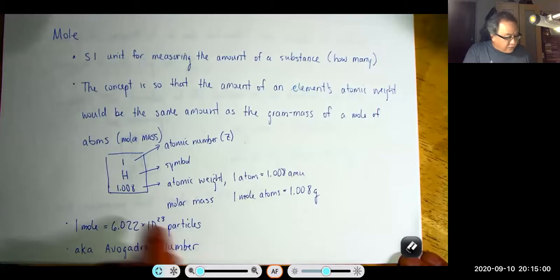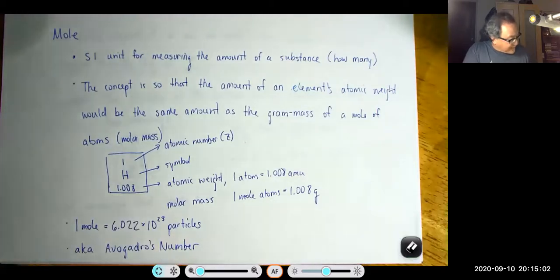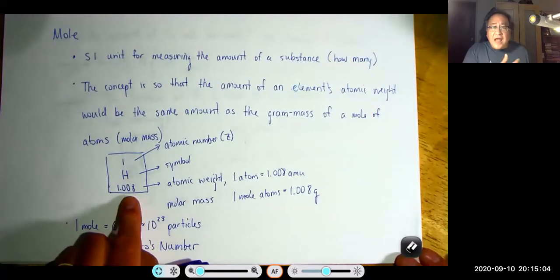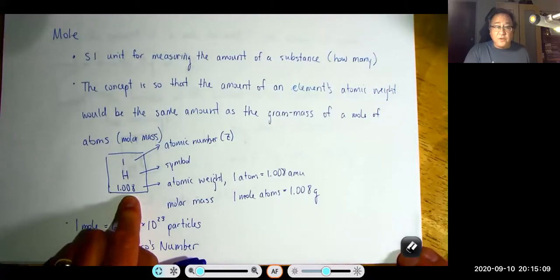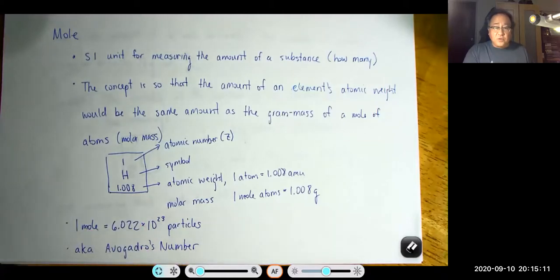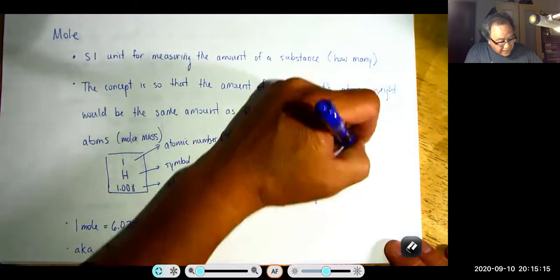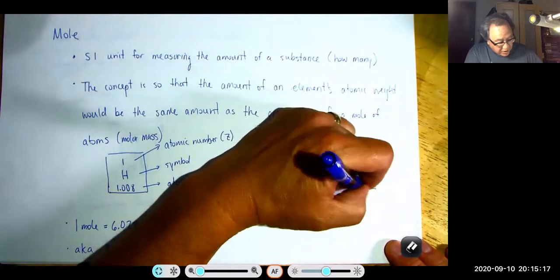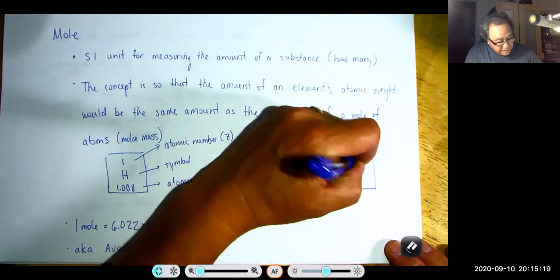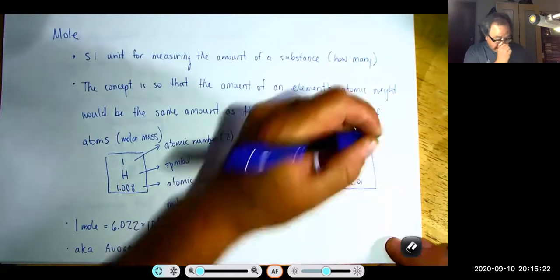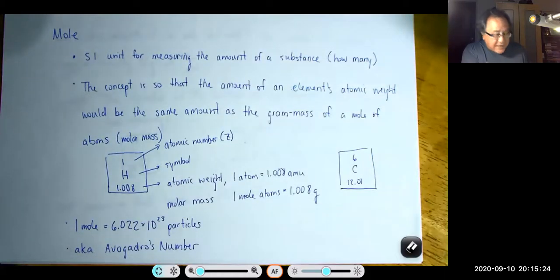Well, if we take a look at a hydrogen atom and ask ourselves how many atoms are in 1.008 grams, we could figure that out. And it's a really large number. Likewise, if we look at another element, carbon, we could ask how many carbon atoms are in 12.01 grams of carbon?